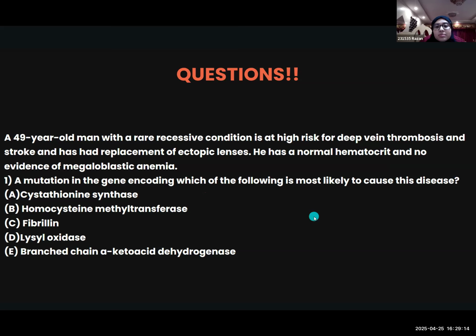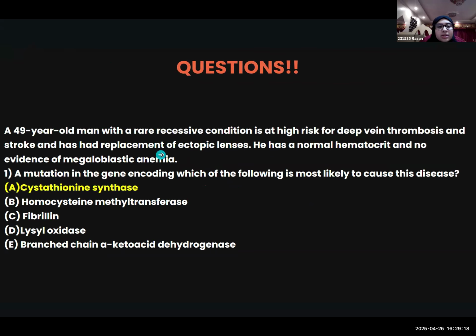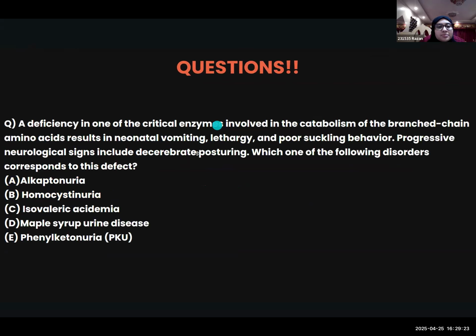Yes, A, just the tongue. So the patient presented with ectopic lens and it needs to be replaced. Okay, good job. Next.